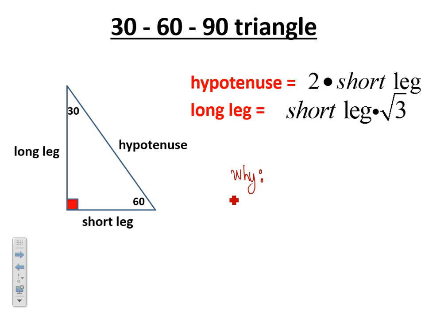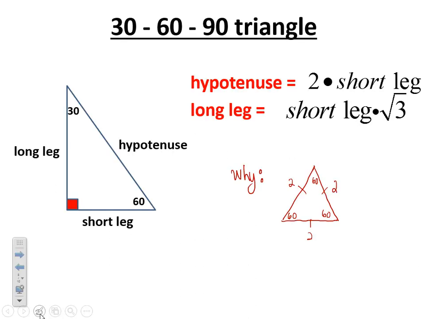All right, so let's take an equilateral, equiangular triangle. Equiangular means all the angles are 60. Equilateral means all the sides are the same. Let's call them all 2. Okay? Now, if you bisect one of those angles, let's bisect this top angle here.